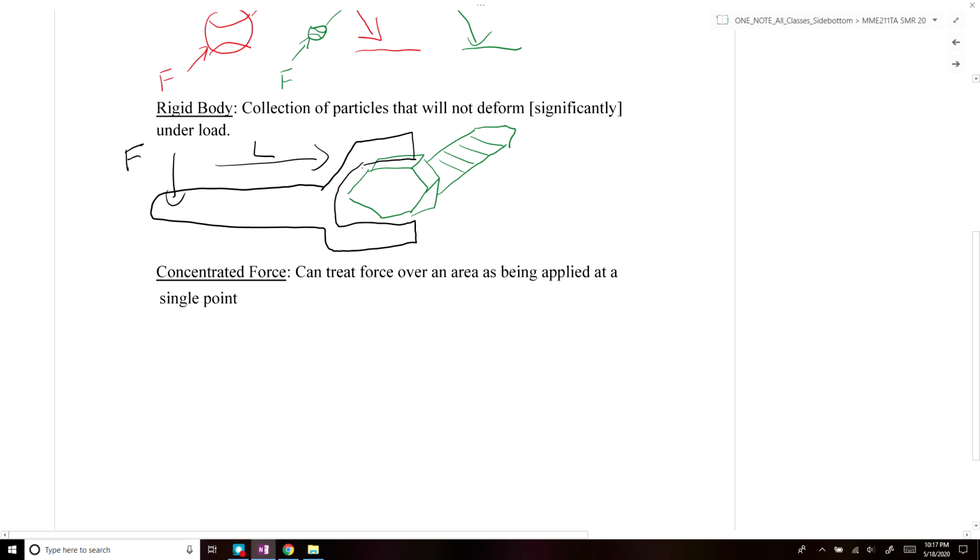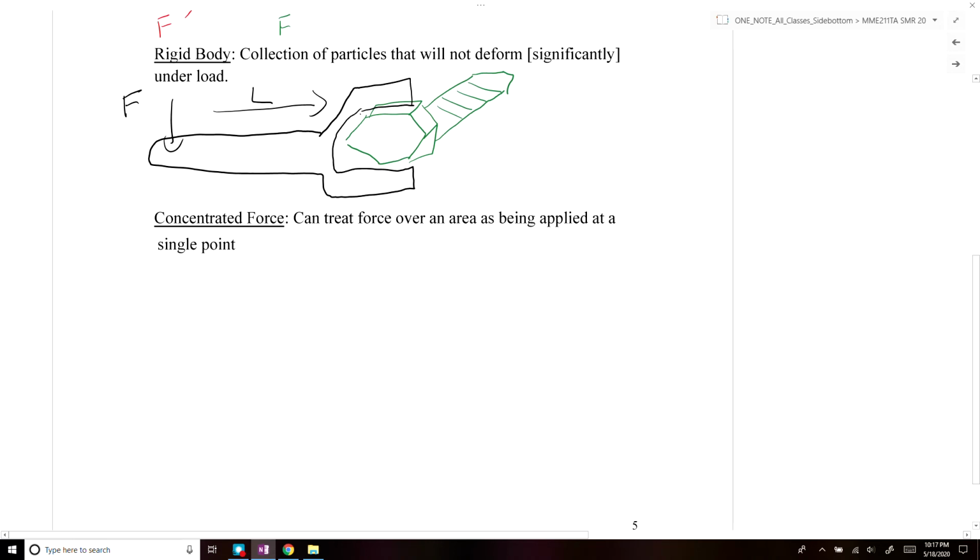A simple example of this would be a bicycle.